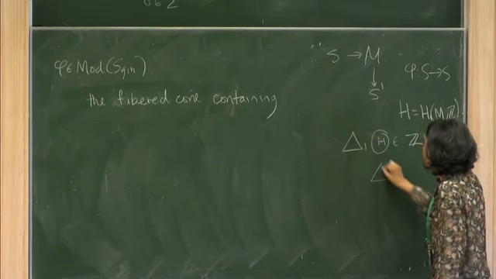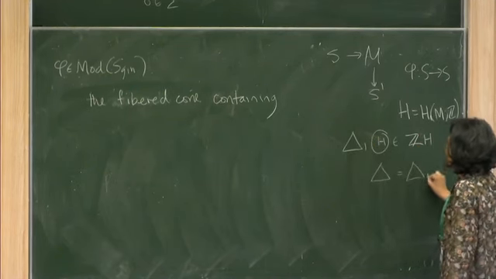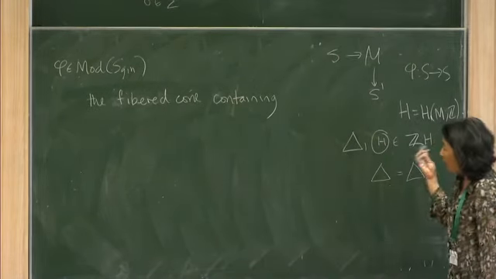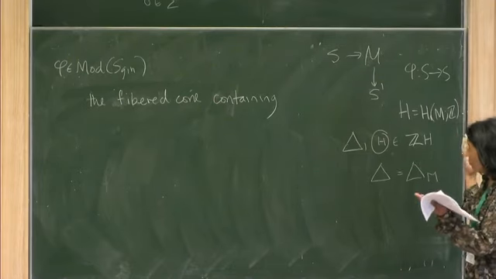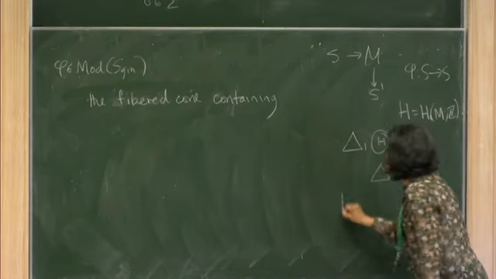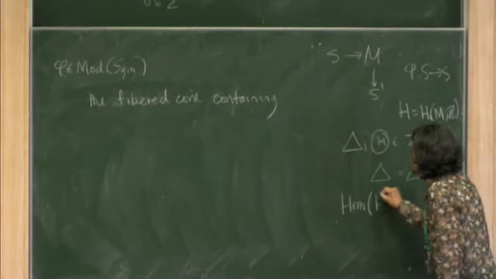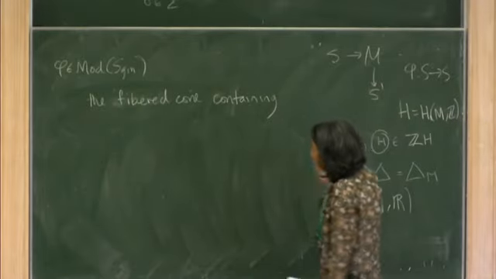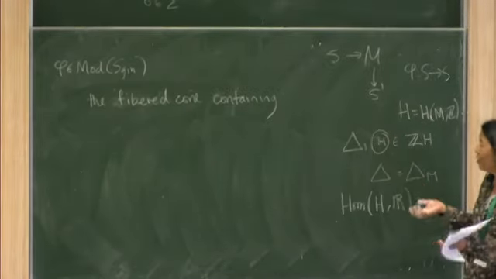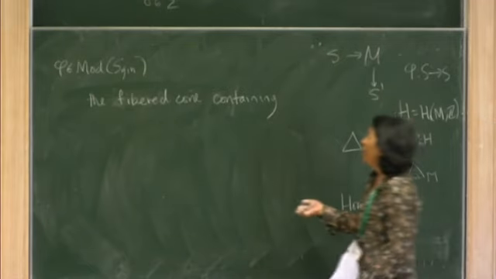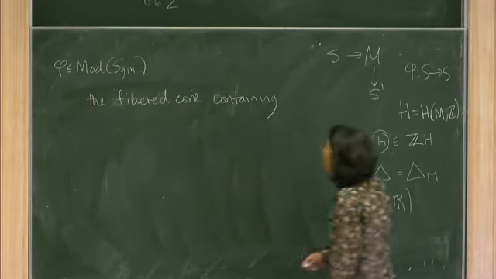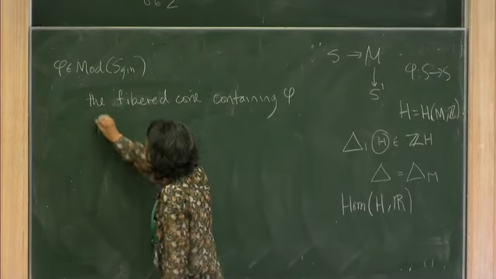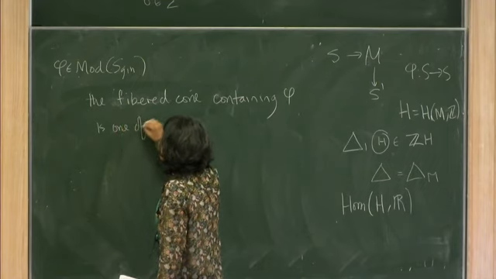So again, delta is the Alexander polynomial. Theta defines a norm on the homomorphisms from H to R, and one of the cones defined by a top dimensional face is the fibered cone containing phi.